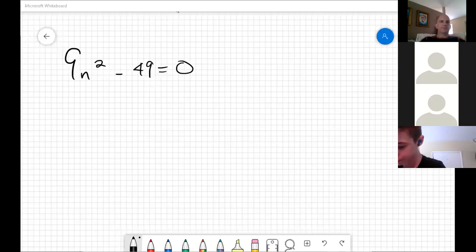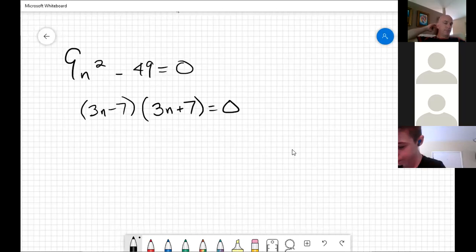Oh, wait. So then you'd probably make it 3n minus 7. Uh-huh. And? Oh, then what do you, wait, no. Remember the difference of 2 squares is? And then it would be 3n plus 7. Yeah.